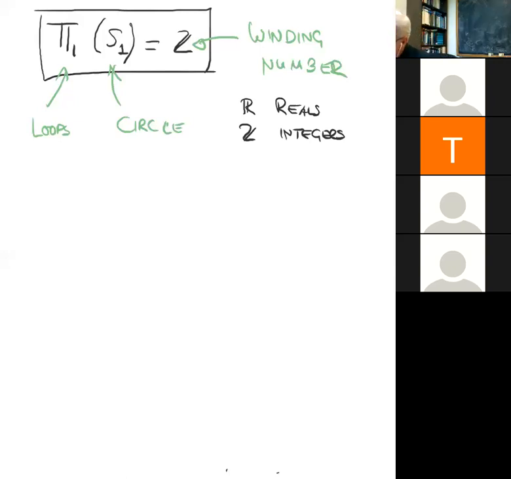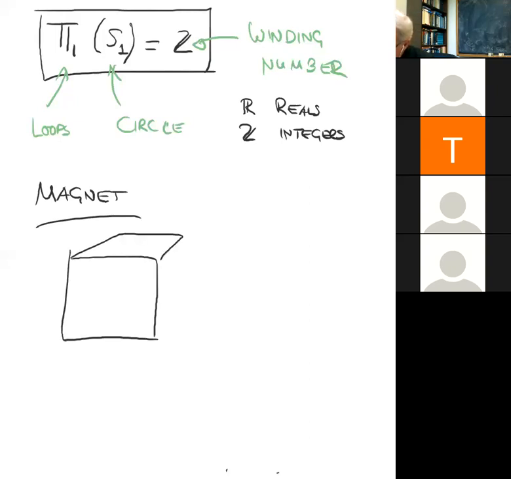So, okay, final example is a magnet. Again, going to consider a three-dimensional magnet. So real space is a three-dimensional thing.